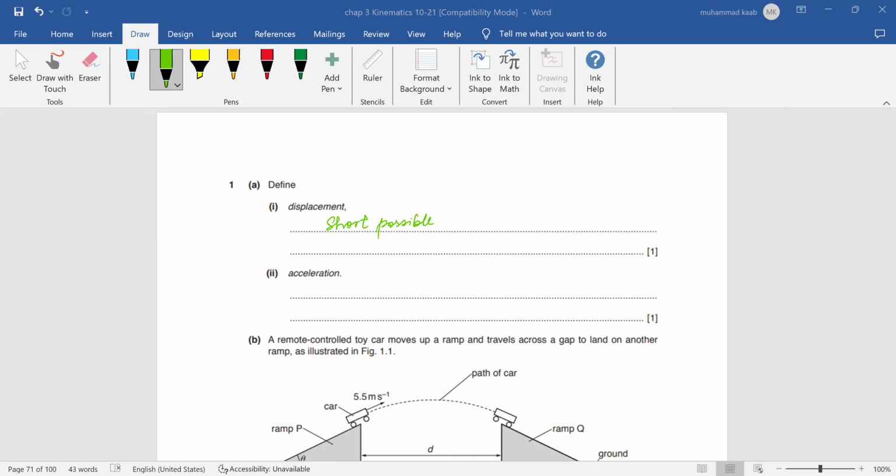So shortest possible distance in a specified direction. Fine, move on.